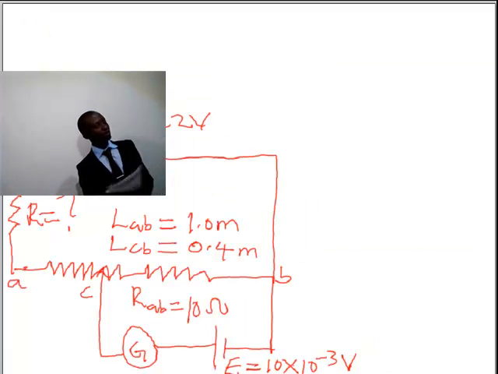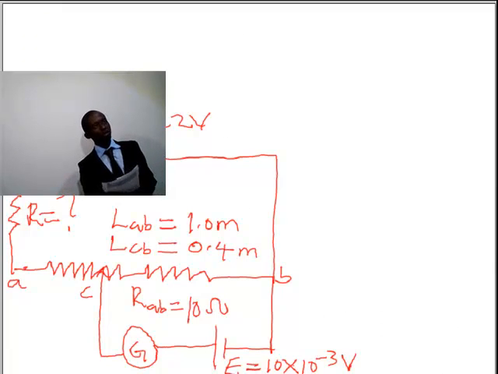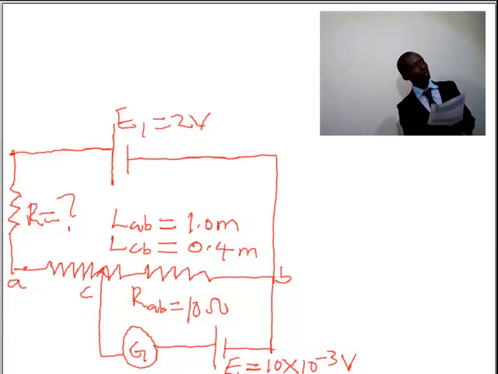This is the circuit diagram for example 2a. Since you have known that a potentiometer can be used to compare resistances of two resistors, from this circuit diagram, the given parameters have been identified.